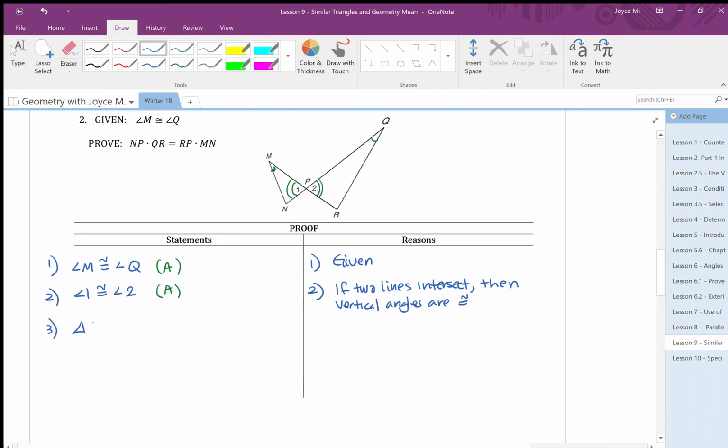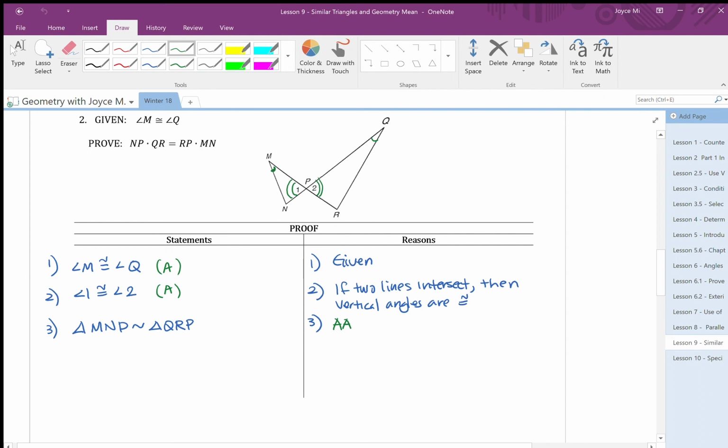Triangle MNP is similar to triangle QRP. Angle M corresponds to angle Q, and angle N and angle R are corresponding here. P is the vertex where angle 1 and angle 2 are, so they're corresponding locations as well. So number 3, by AA, these two triangles are similar.